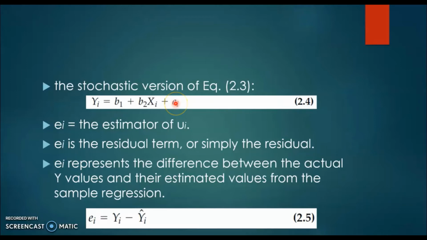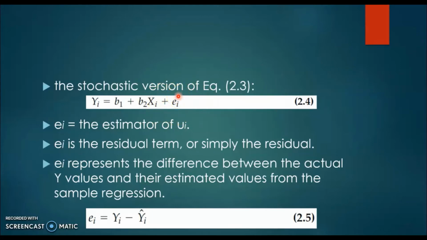And instead of using the term error term or the random term in the stochastic version of the sample regression function, we call this term the residual or the residual term.